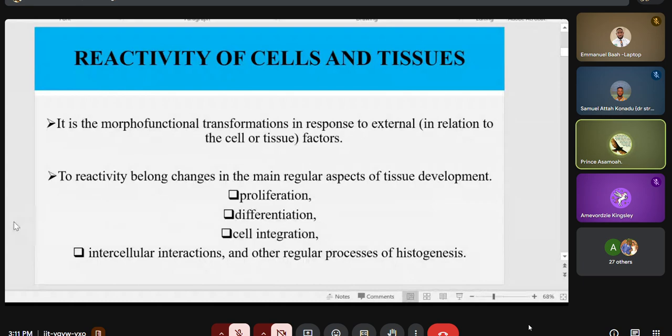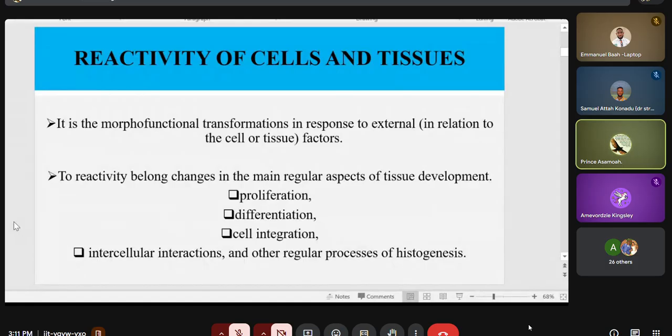It can also affect cell integration, cells' ability to get on board, and then how they interact. So there are intercellular interactions and other regular processes of histogenesis.